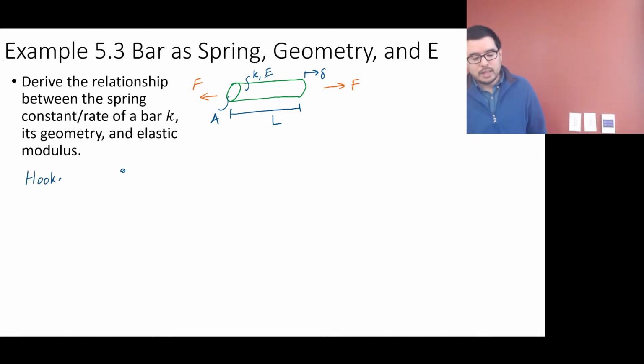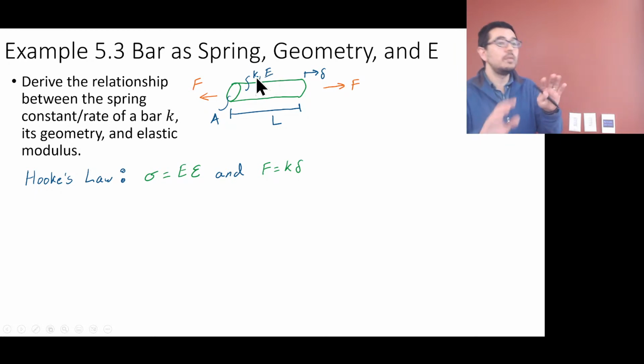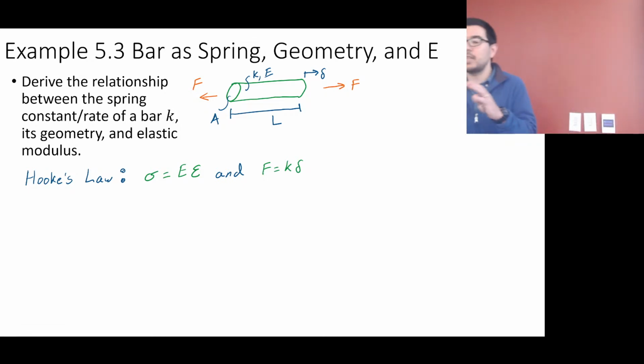We have Hooke's law. There's a K, there's an E. K was what we said in terms of kilonewtons per millimeter. That's the spring constant, force equals K delta. E is the elastic modulus. Delta is how much this bar extends.